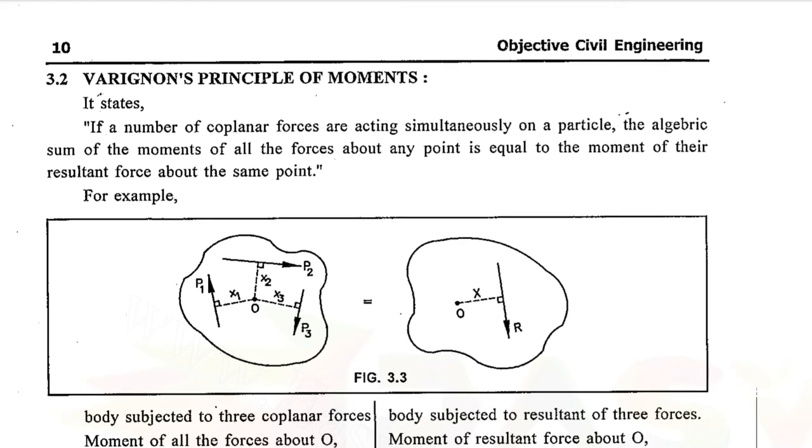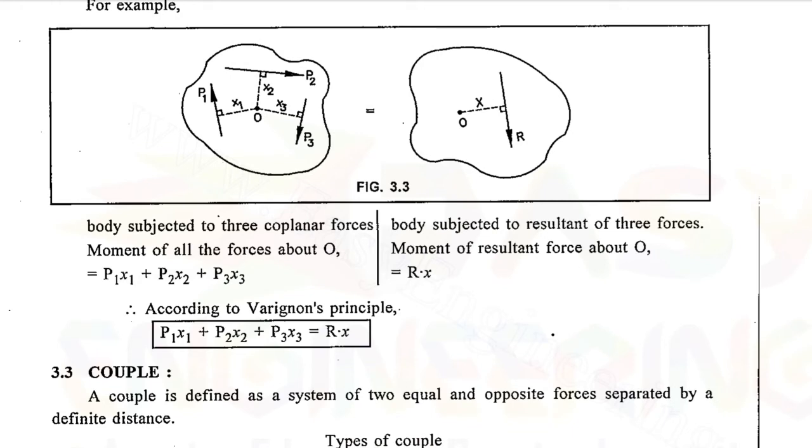Okay. The force P1 is acting at a distance x1 from point O. P2 is acting at x2 from point O. P3 is acting at a distance of x3 from point O. Now these three forces P1, P2, P3 are replaced by a single force, nothing but the resultant force R. The R is acting at a distance of x from the point O. Now the sum of the moments of all the individual forces, P1 x1 plus P2 x2 plus P3 x3, is equal to the moment of the resultant force, R into x.